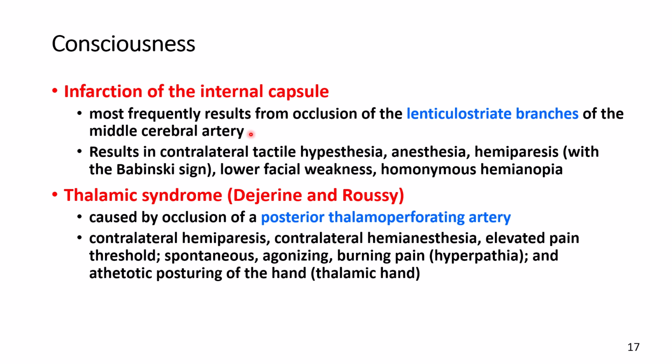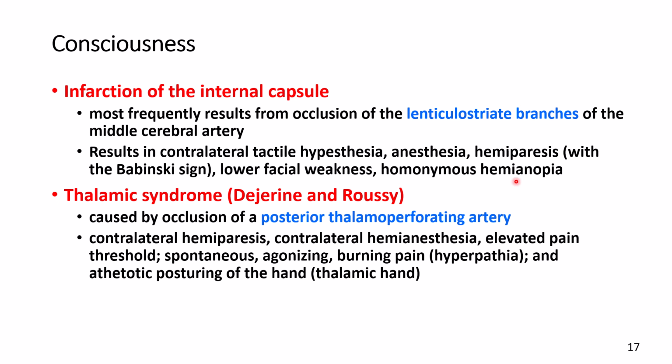So here, if there is damage in this area, you get contralateral sensory loss, and also paralysis with a positive Babinski sign. It means this is an upper motor neuron problem, not lower motor neuron. You get a lower facial weakness because of the cranial nerve, and this is because it's upper motor neuron. If it was lower motor neuron, half of the face would have muscle weakness.